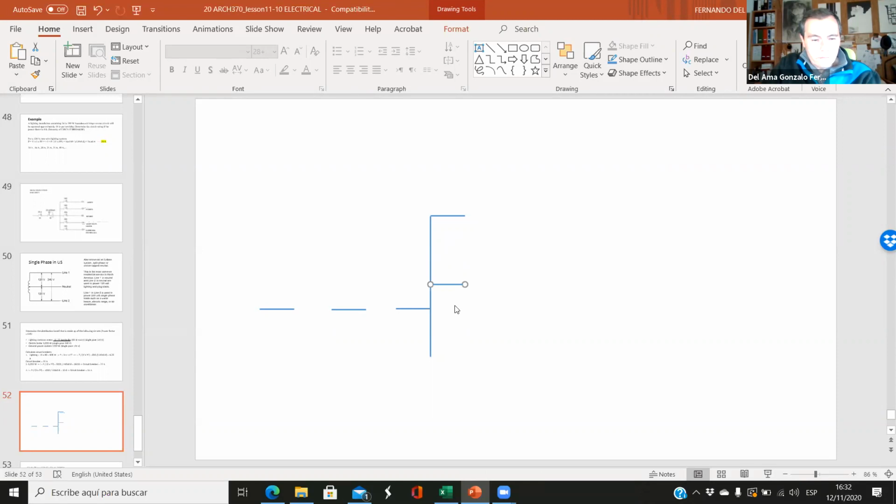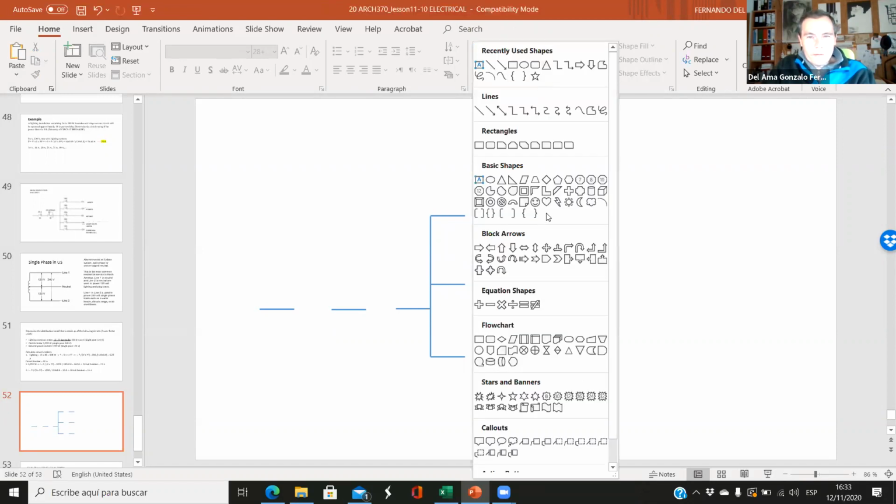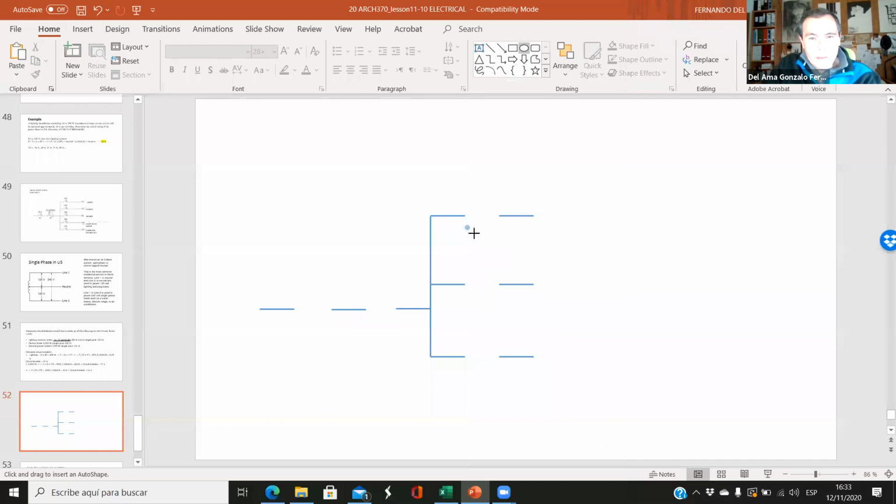Each circuit has a circuit breaker, and the circuit breaker will be here. What is the symbol for this? Do we have something here for circuit breakers? No, we don't. Okay, so let's do it.